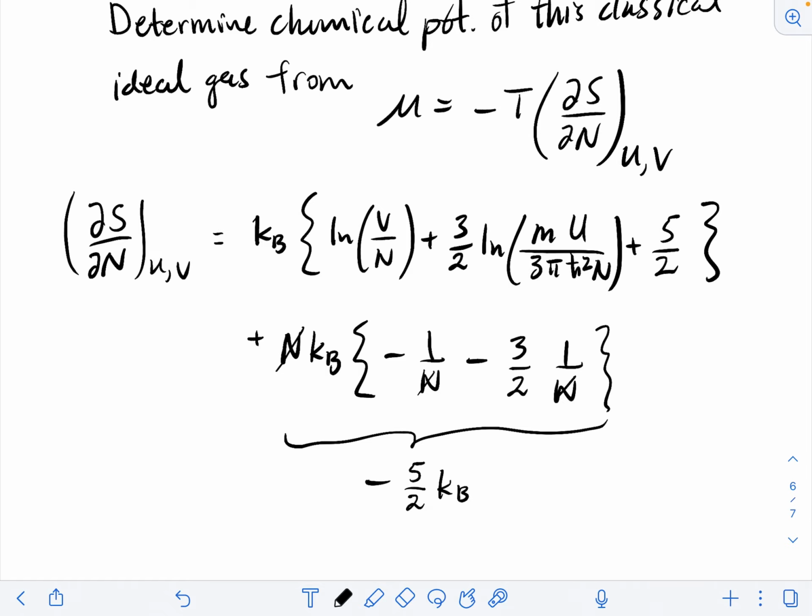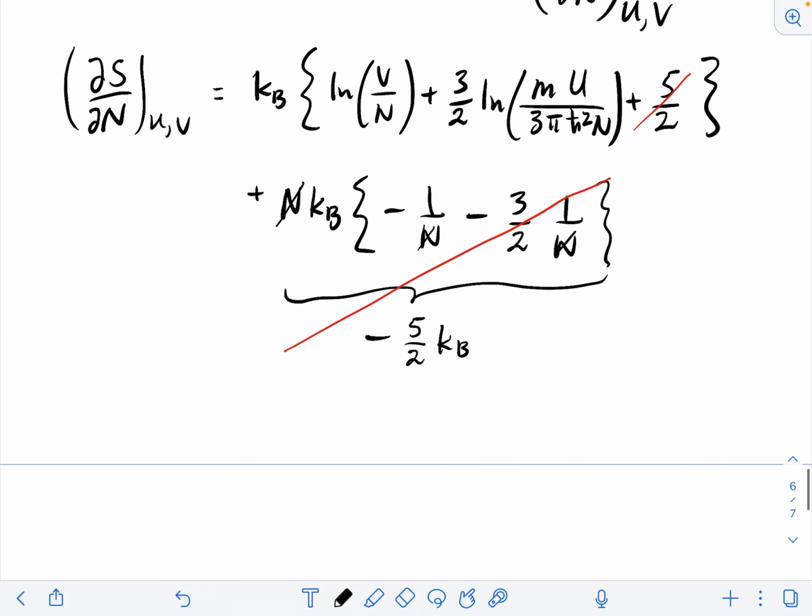But that minus 5/2 kB is going to cancel with the kB times plus 5/2 over here. Okay, and so that means that the chemical potential is equal to minus T times this derivative. So this is at constant U and V.